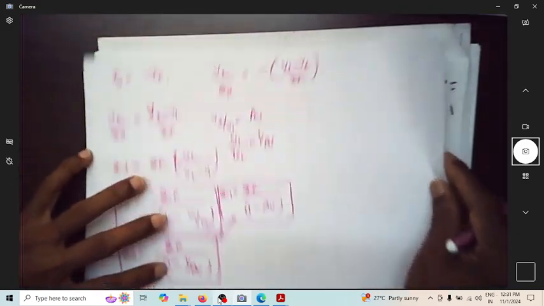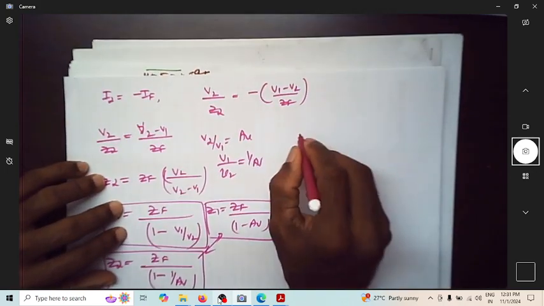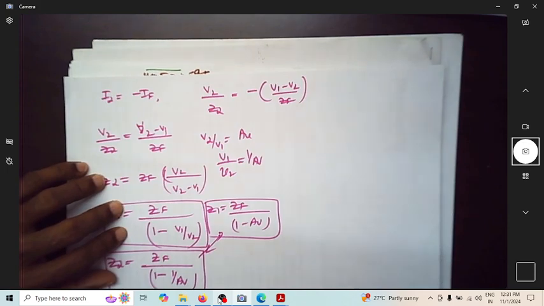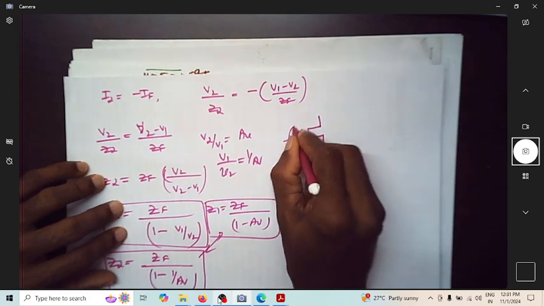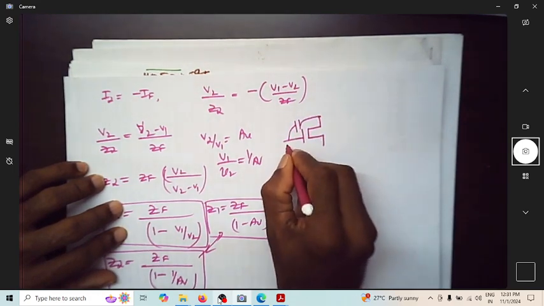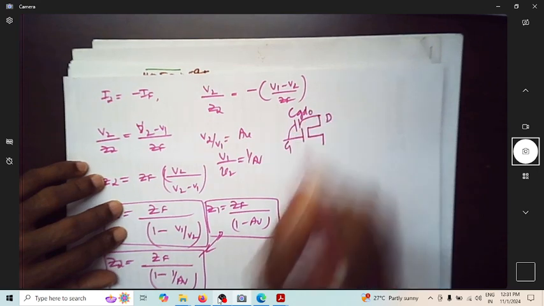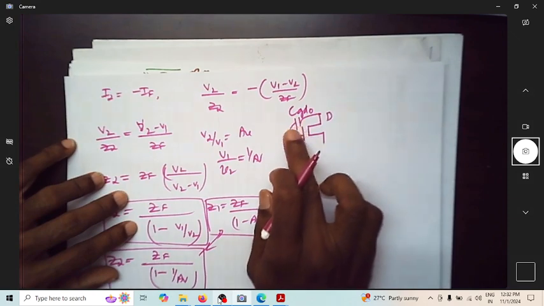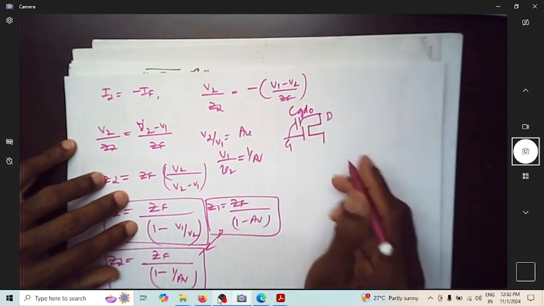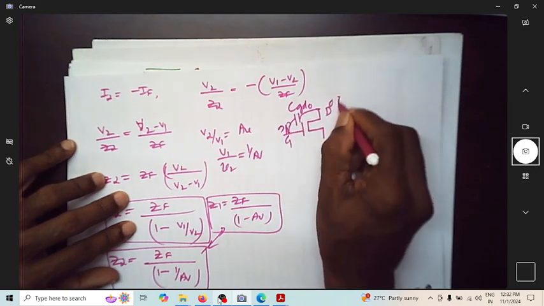In our capacitors, when we looked into the parasitic capacitance, there will be a parasitic capacitance between gate and drain. So this we call it as CGDO or CGD, between gate and drain. This is the floating capacitance between the two nodes. So this is your input node, this is your output node.